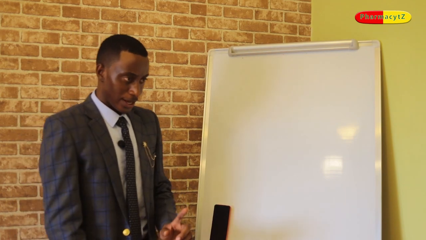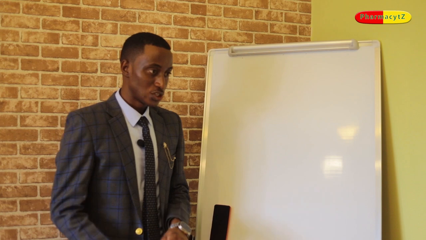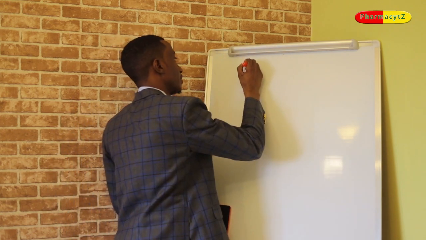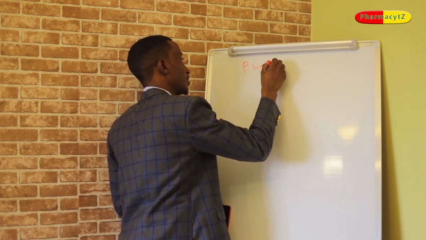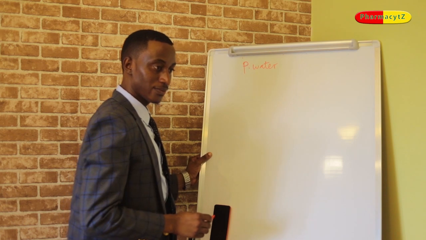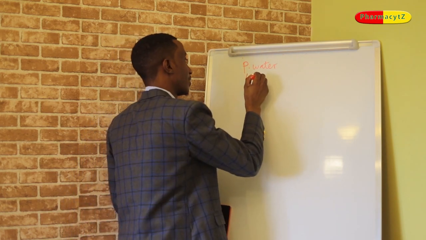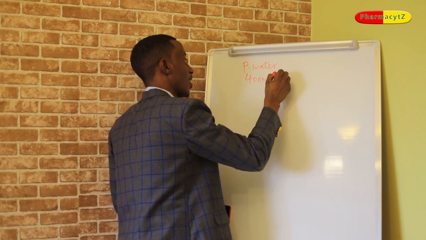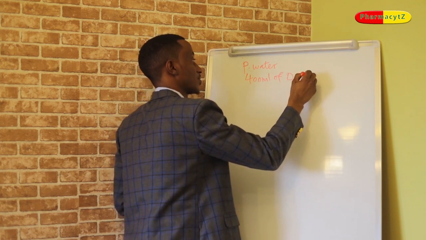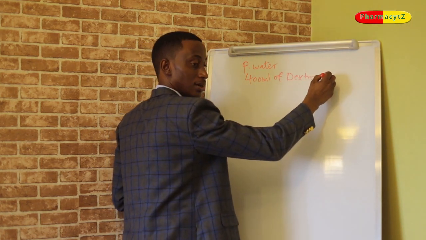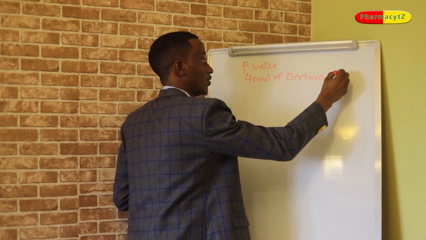So what do we have in stock? In stock we have purified water. Then we have 400 mils of dextrose solution, but with a concentration of 30%.